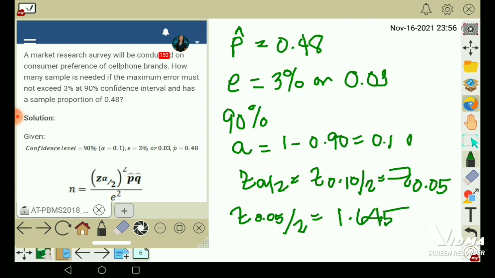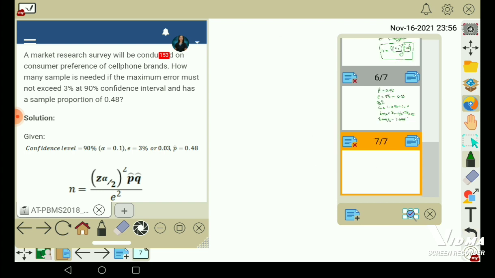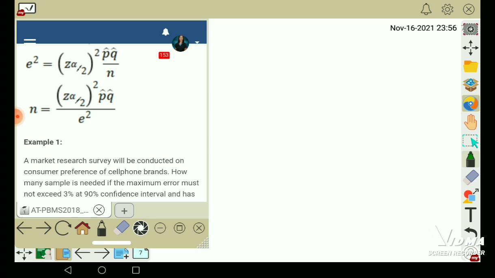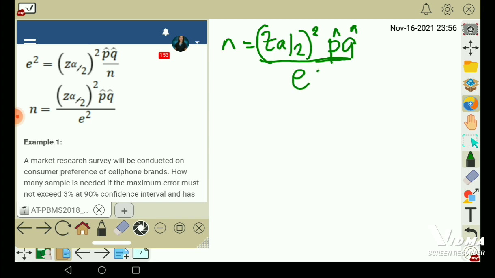Okay, next we are going to use these givens in our formula. So to determine your sample size, we are going to use the formula here. Okay, so n is equal to z sub alpha over 2 squared, p hat q hat over E squared.